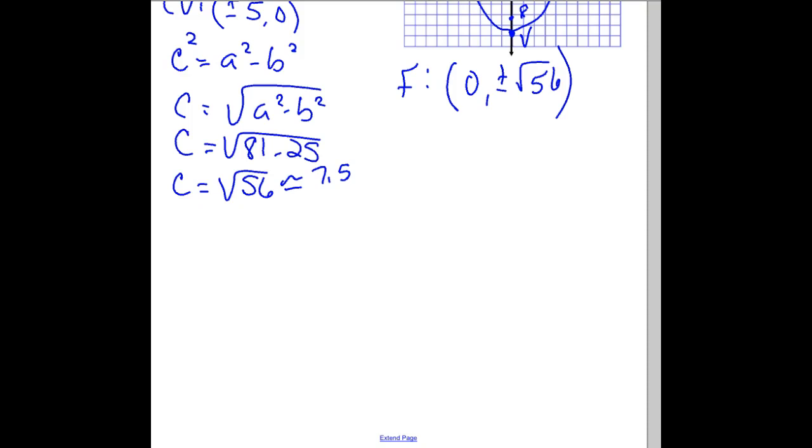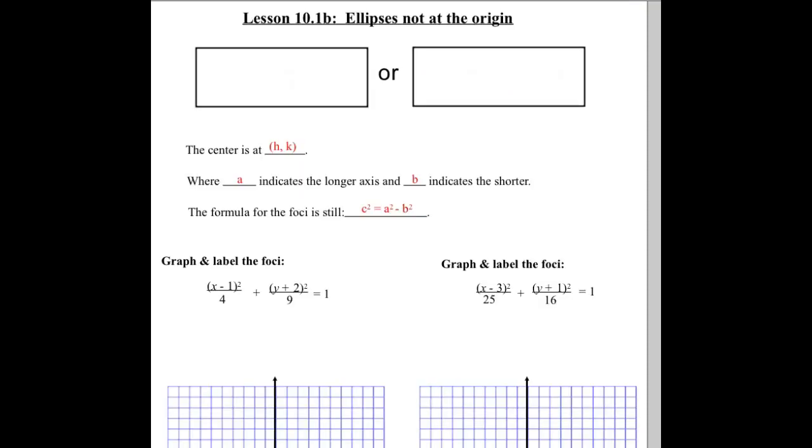C is the distance from center to a focus, yes? So what's changing today is the center's not 0, 0. But if you have a dot placed somewhere on your coordinate grid, can you measure A units from it and B units from it? Okay? So, slight change from what we did yesterday.